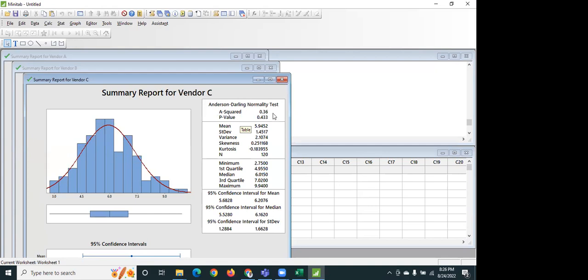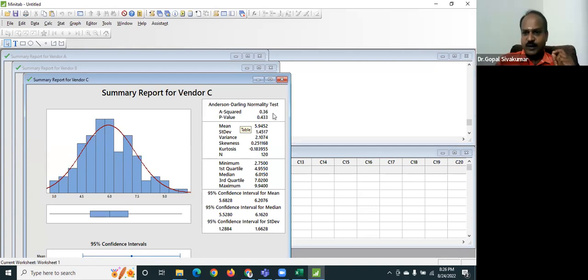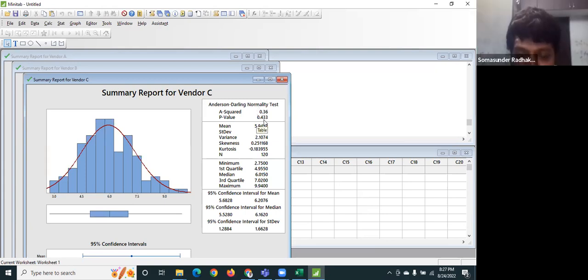Now, what is the null hypothesis? Normally, all of us behave in the normal manner. Same way, data is considered to be normal. That is the null hypothesis. And look at the p-value. 0.4. That means it's greater than 0.05.